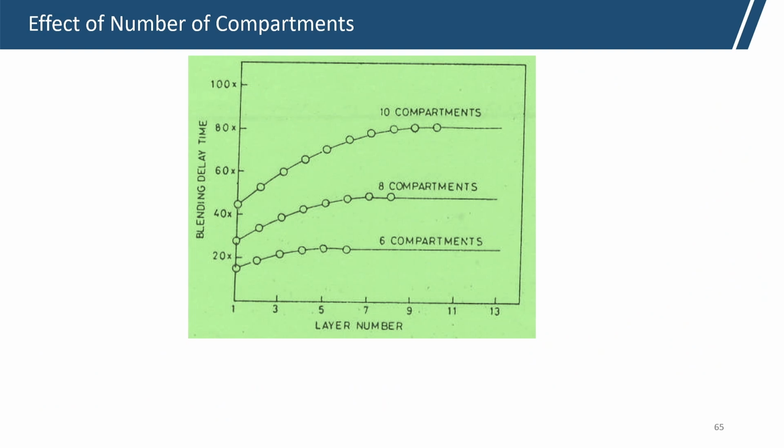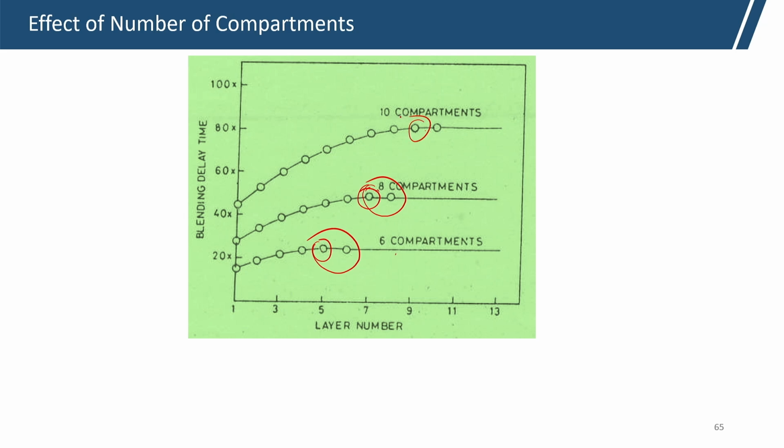So, you can see for the 6th compartment, for the 8th compartment, for the 10th compartment. For the 6th compartment the blending delay time reaches at the 5th cycle. For the 8th compartment blending delay time reaches at the 7th cycle, and for the 10th it is reaching at the 9th cycle.